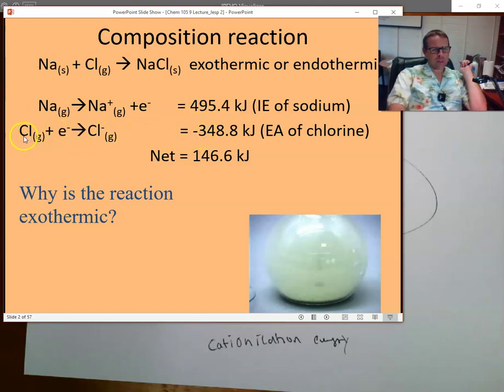Now, do we remember, is that for every atom, that it will always release energy to receive an electron? Do you remember? It doesn't what? Require or release energy for every atom. Well, actually, it does. It will always release energy to give an electron to an atom, the first one.